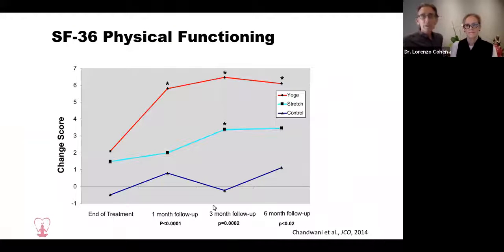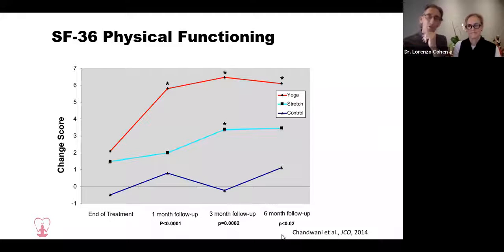And what you see here is change over time. End of treatment means end of radiation, and then 1 month, 3 month, and 6 month follow-up. So clearly, there is a benefit on this measure of ability to engage in daily activities for the yoga group, and better than both the stretching group as well as the usual care control group that essentially didn't get better.